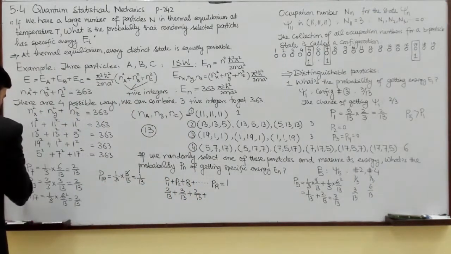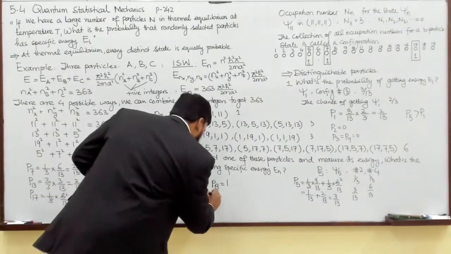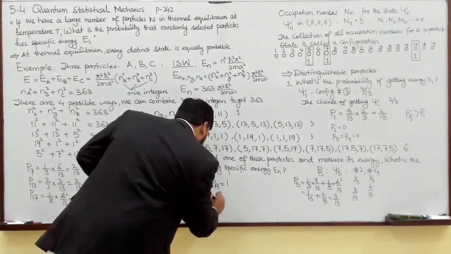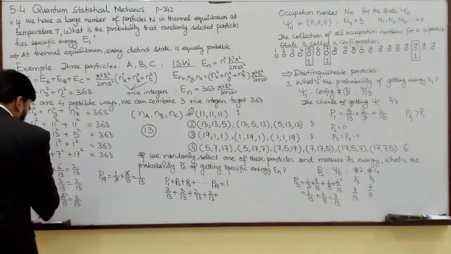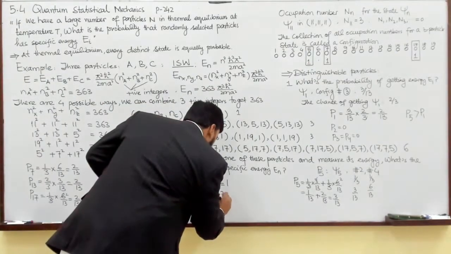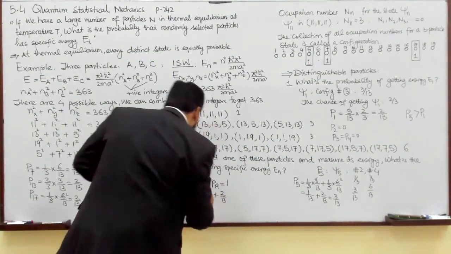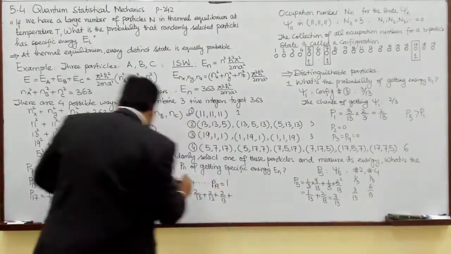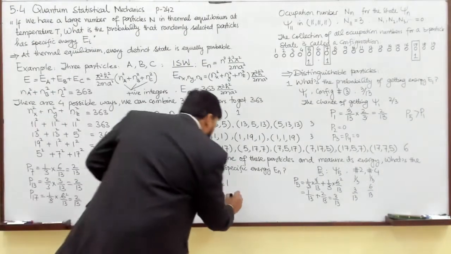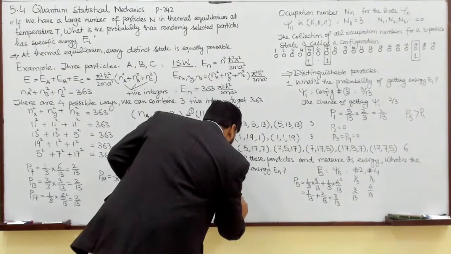P8, P9 and up to P12 are 0, and P13 is 2 over 13 plus 2 over 13 and plus P19 is 1 over 13.